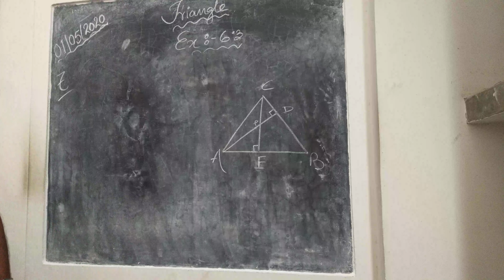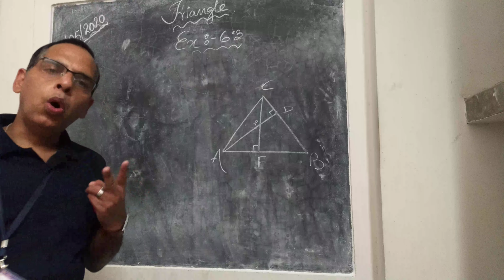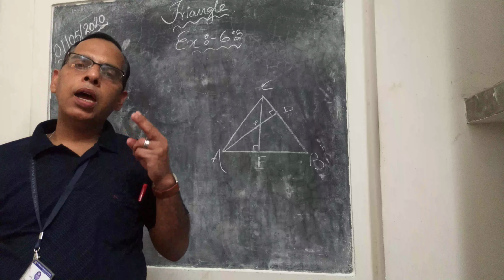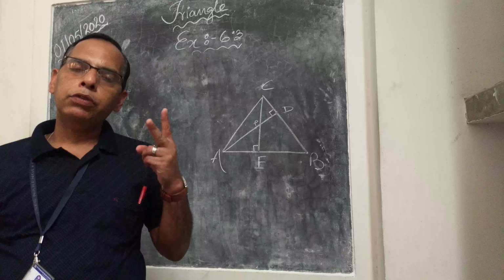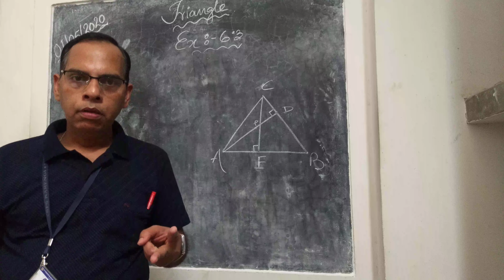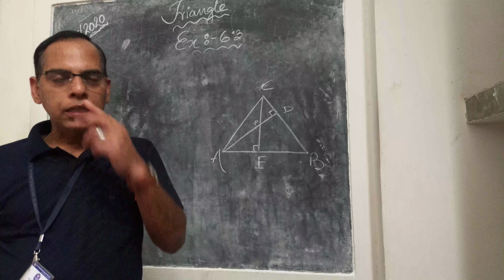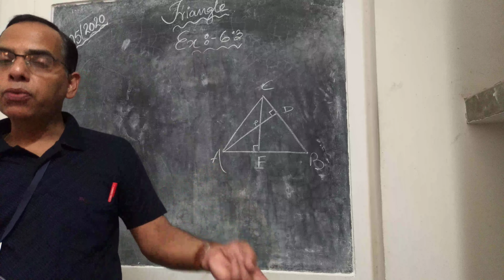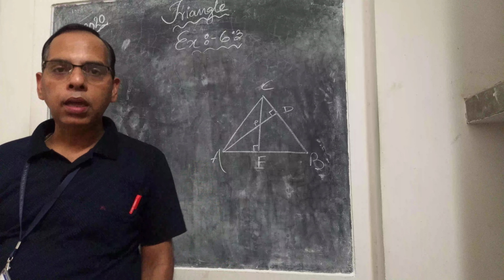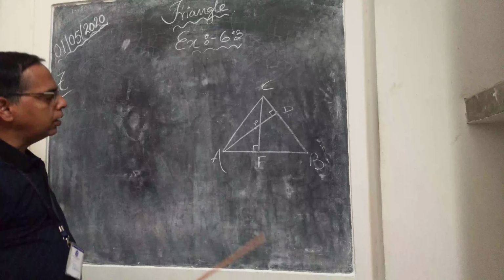Now what you have to prove: you got that if two corresponding angles of two triangles are equal, then also the two triangles are similar. Because by the angle sum property of a triangle, if two angles are equal, then automatically the third angle is also equal.